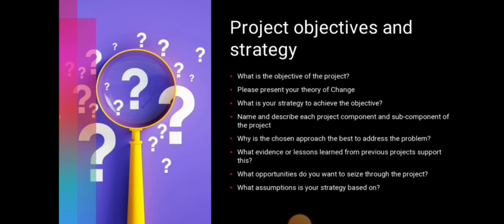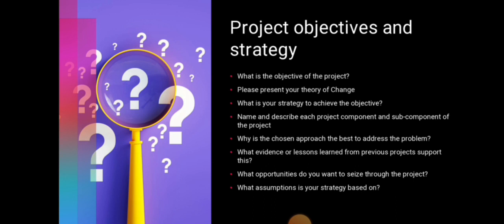Why is the chosen approach the best to address the problem? What evidence or lessons learned from previous projects support this? And what opportunities do you have to seize through the project?